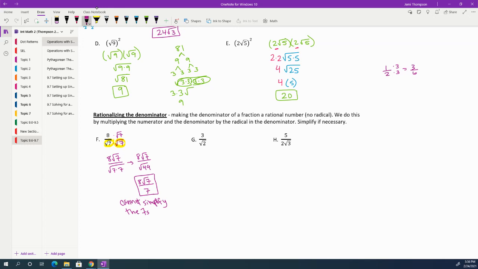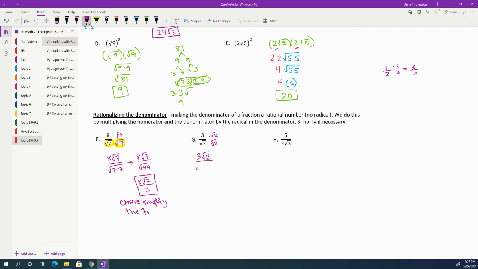Okay, so I start again. G, 3 divided by the square root of 2. What's the problem? The problem is I can't have a radical or a square root in the denominator. How do I get rid of that problem? I get rid of it by multiplying it by itself. Whatever I do in the denominator, I do in the numerator. So on top, in the numerator, I'm left with 3 square root 2.